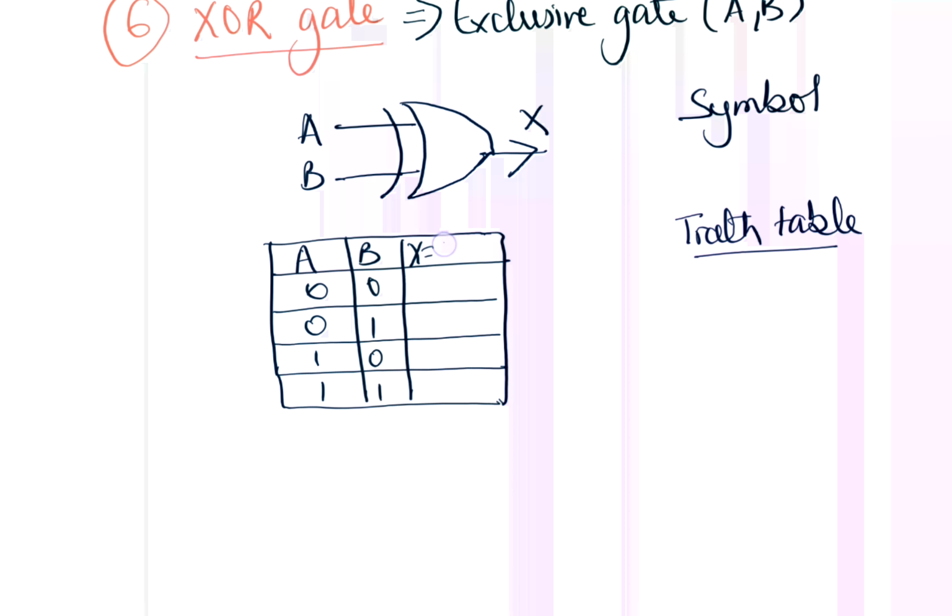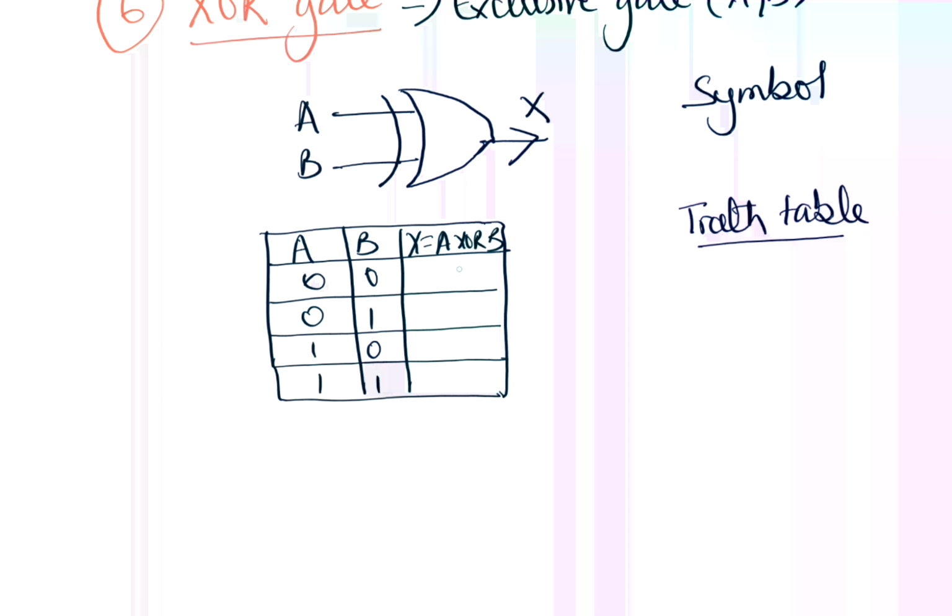Now X is equal to A XOR B. You can pronounce it either way. It is a very simple rule: if both the inputs are the same, the output is 0, else it's 1. I repeat, if both the inputs are the same, the output is 0, else it's 1.